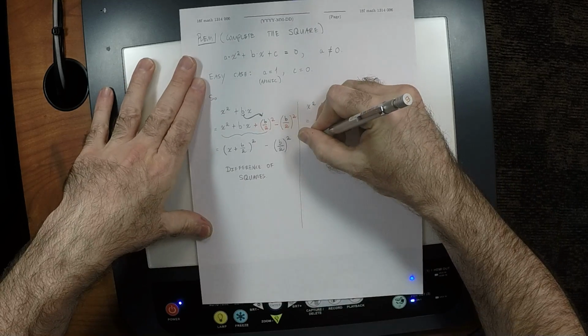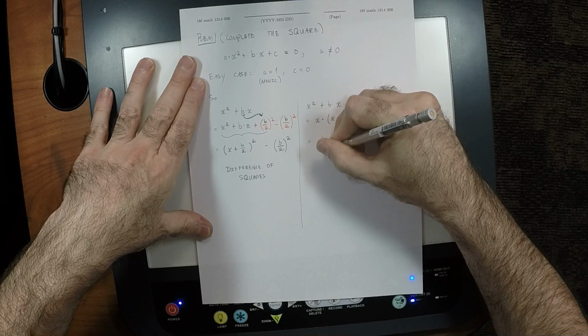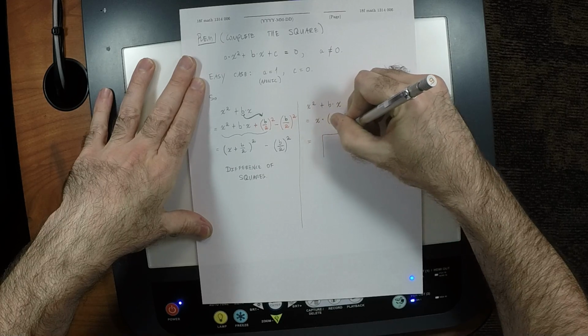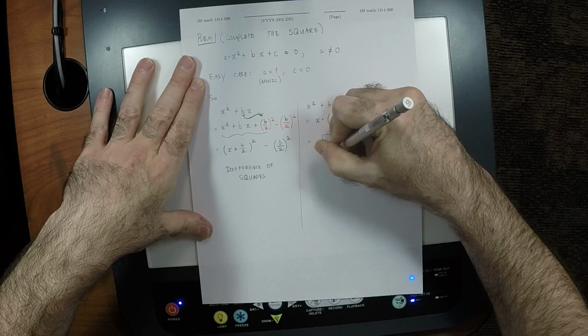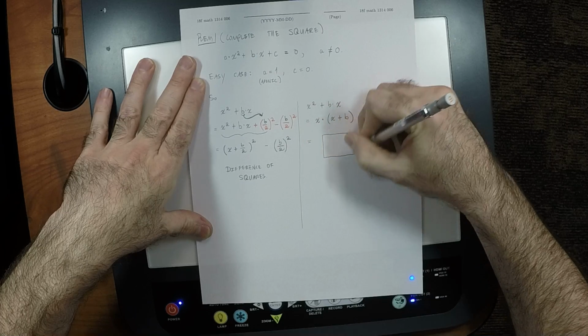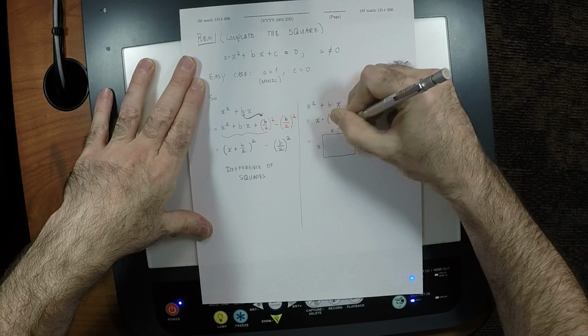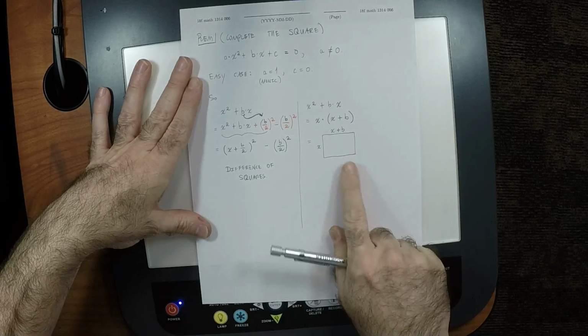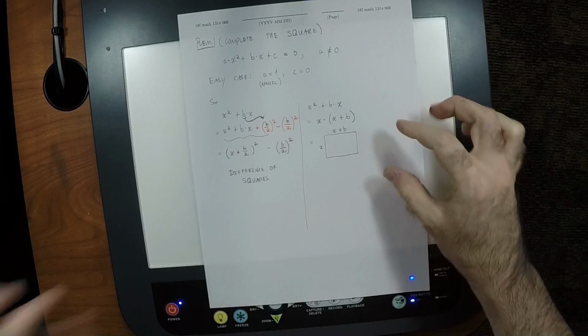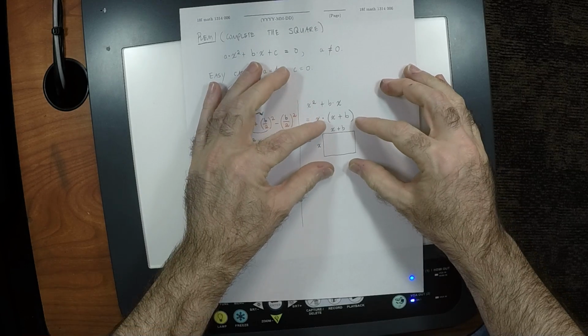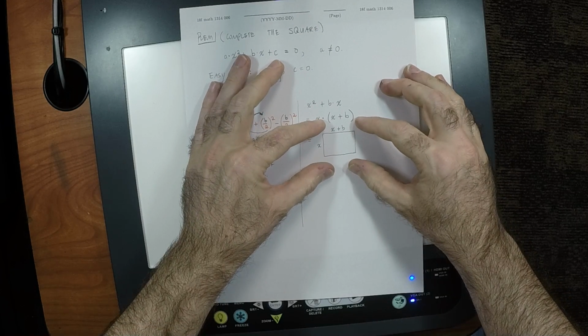All right, so I'm going to draw that rectangle. So this is x, and this is x plus b. So now there's a rectangle. Now I'm going to make a slightly different rectangle, and I want you to tell me how the area changes.